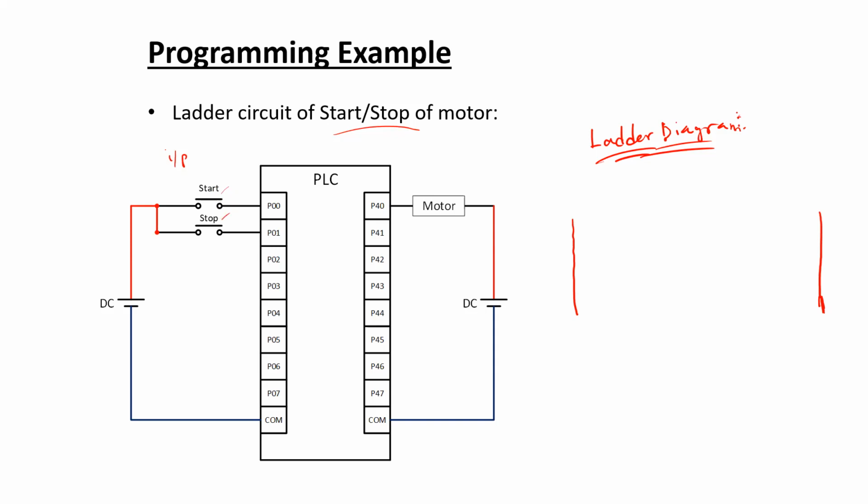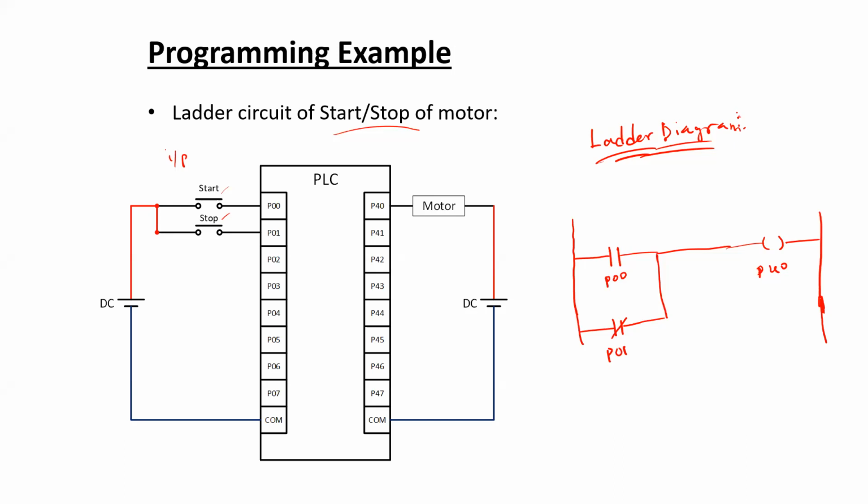I guess one open switch and one closed switch in parallel. In parallel, suppose this is the open switch. What would be the corresponding address? P00. Okay, then if we connect another contact in parallel and then connect them with the output coil, would it serve your purpose?